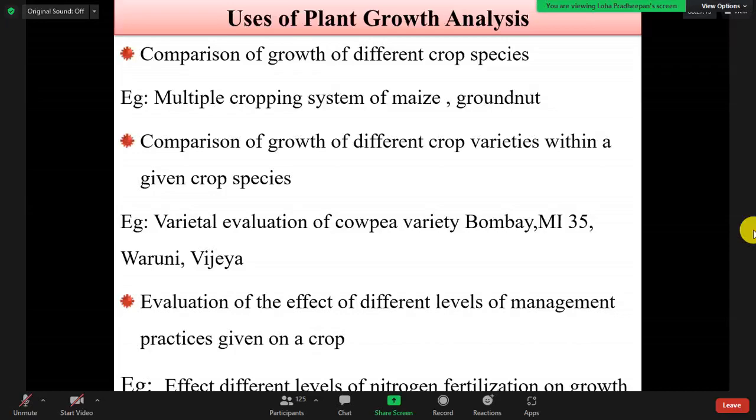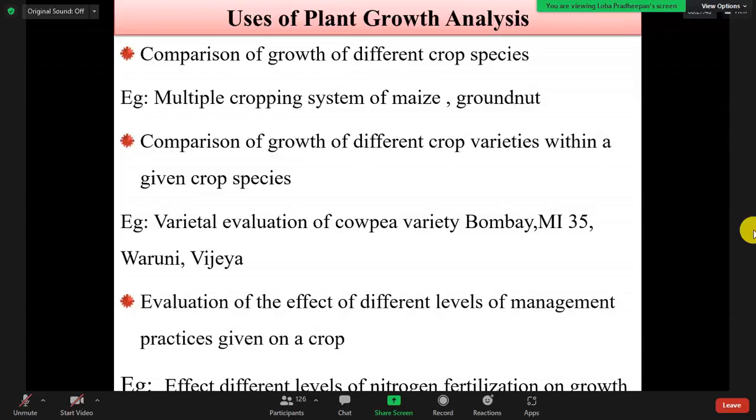The crop is the same, but among the crop there are different varieties. Some may have a red pericarp. Pericarp means inside the grain, if you look into it, it is red in color. Some may have a white pericarp. So within the crop, different varieties can also be compared using plant growth analysis.